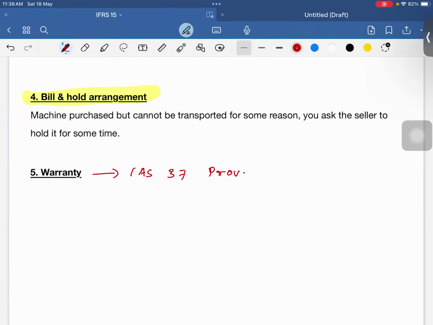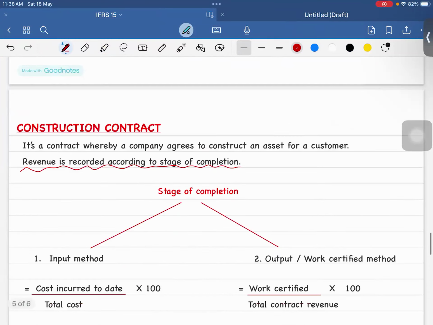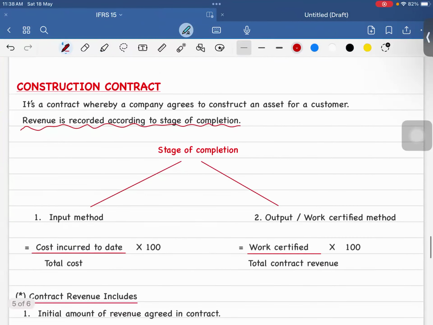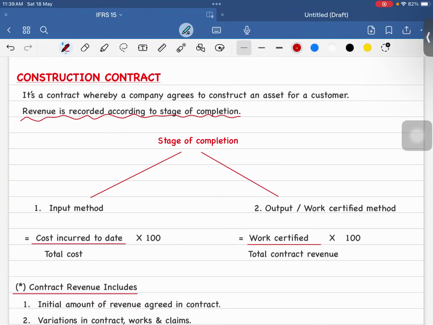Now, the next one is the construction contract. Apart from the standalone prices, this is something that is really important. So what is a construction contract? A construction contract is particularly dealt with when you are in the construction industry.